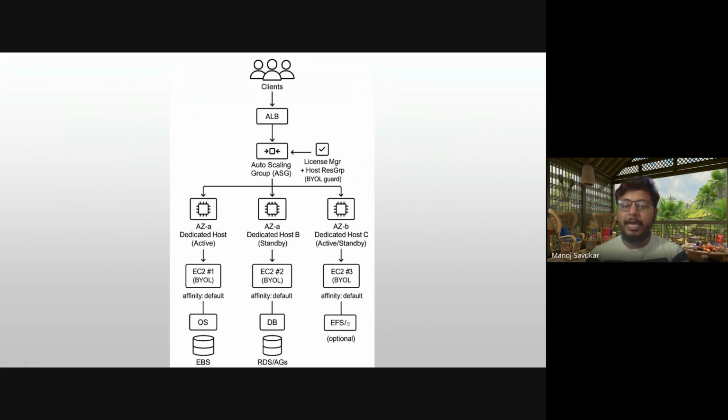Once we create the host resource group, we also create a capacity reservation. We integrate these two and add them to the auto scaling group. Whenever anything goes down, the auto scaling group will move our instance to our capacity reservation, and in the meantime AWS will replace our faulty physical server. Our application will run continuously without interruption.